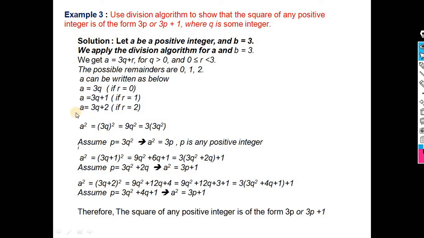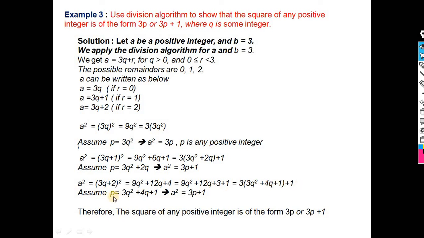And finally, the last one: a is equal to 3q plus 2, whole square, means 9q square plus 2ab, 2 into 3q into 2, that is 12q, plus 2 square, that is 4. Again, 9q square plus 12q plus this 4 can be written as 3 plus 1. Taking 3 out, it is 3 into 3q square plus 4q plus 1, plus 1.